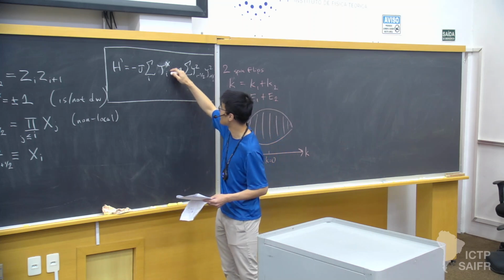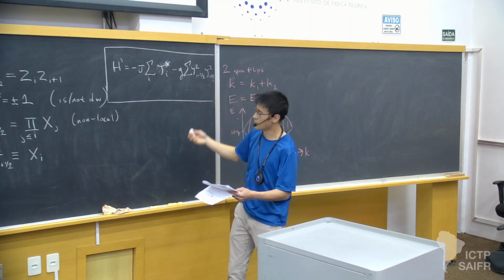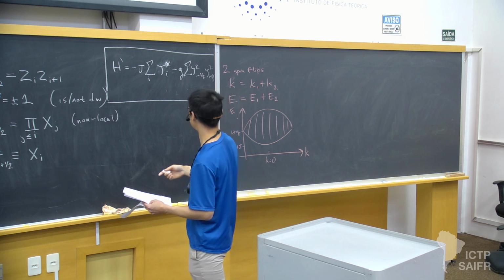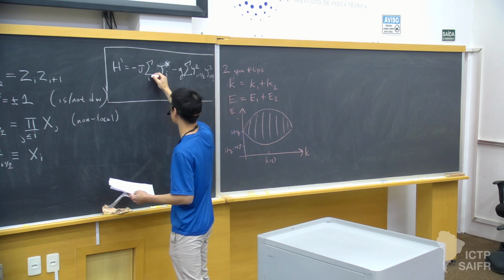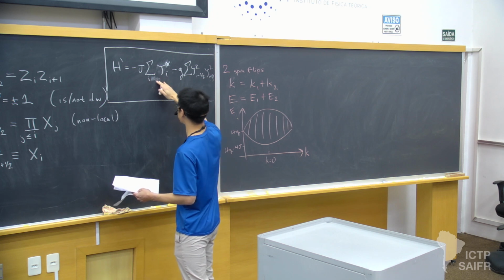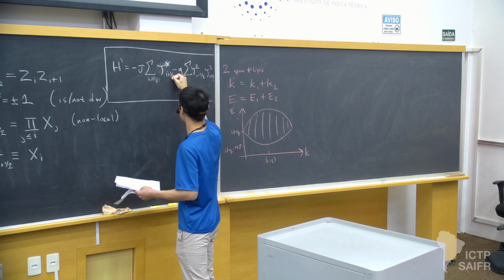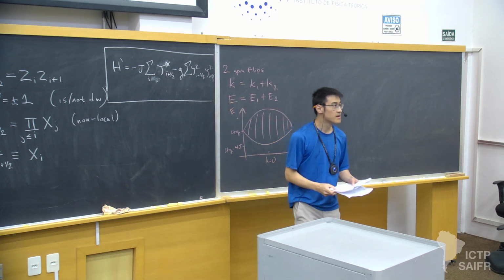Subscript I, this is I. Strictly speaking, it's a sum over I, and then I plus half, summing over all the sites of tau.